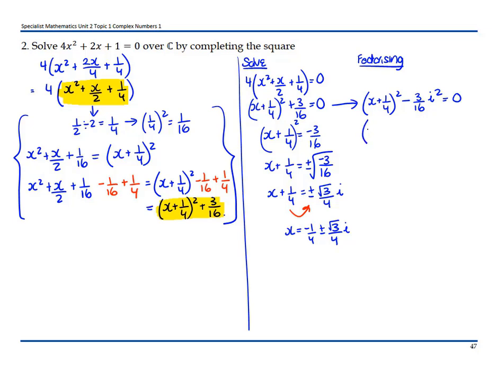I now factorize, so I have x plus 1 over 4 plus the square root of 3 over 4i, or x plus 1 over 4 minus the square root of 3 over 4i equals 0. And now using my null factor law, I have x equals minus 1 over 4 plus or minus the square root of 3 over 4i.